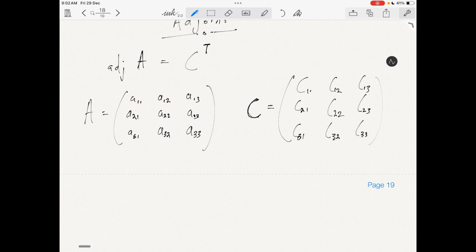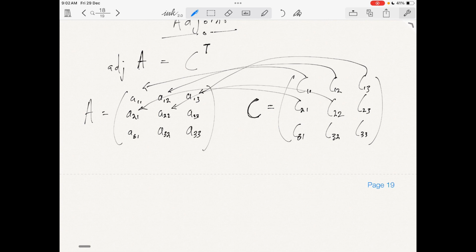Now we can say that C11 is the cofactor of A11, C12 is the cofactor of A12, C13 is the cofactor of A13, C21 is the cofactor of A21, C22 is the cofactor of A22, and it follows like that.